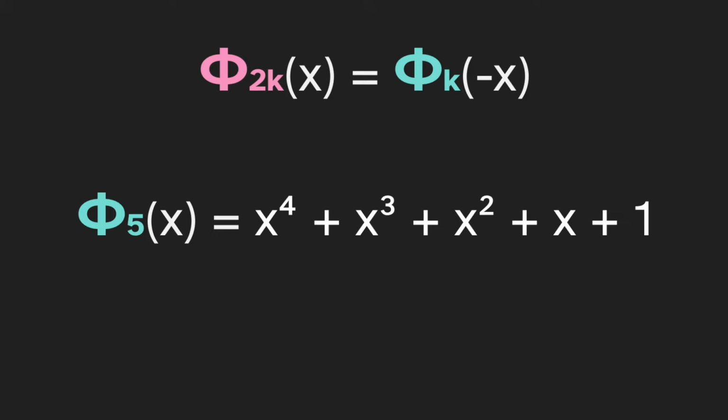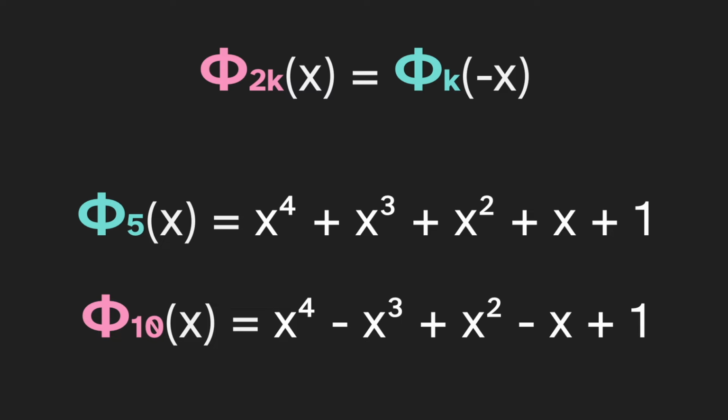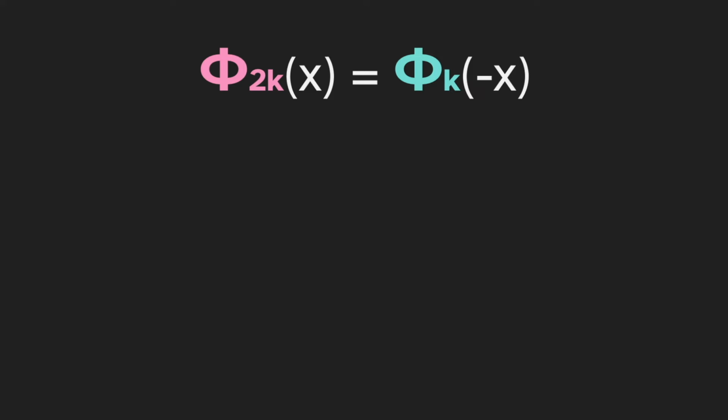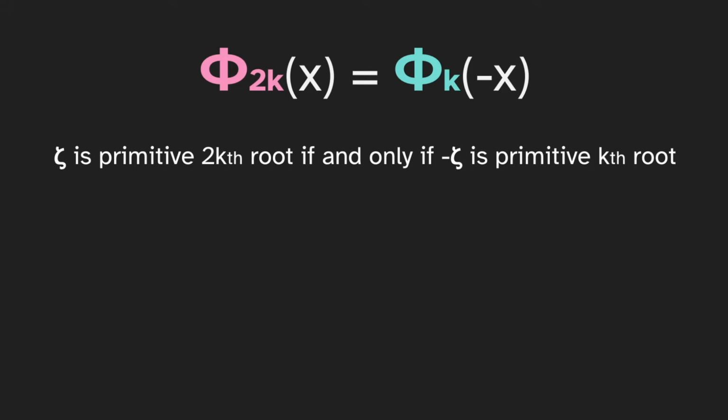For example, here is phi sub 5, and here is phi sub 10 of x. And you can see the odd degree terms are negated, while the evens are not, since -1 to an even degree is 1. The other fact we need is that zeta is a primitive 2kth root if and only if negative zeta is a primitive kth root.